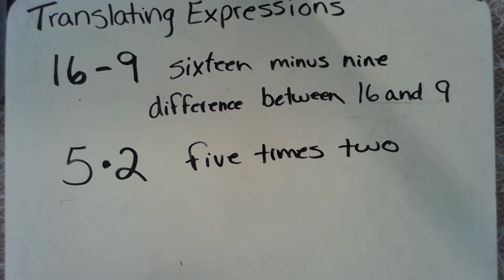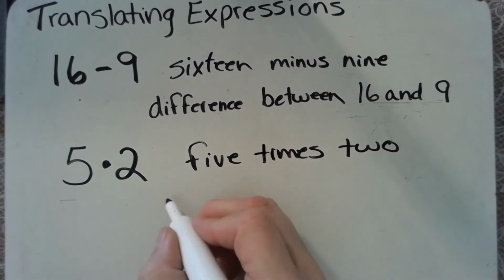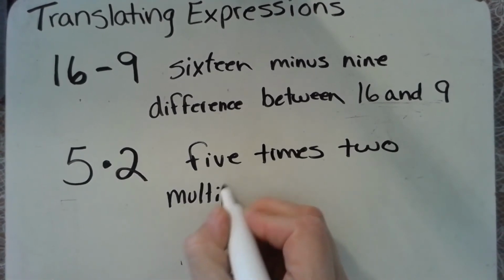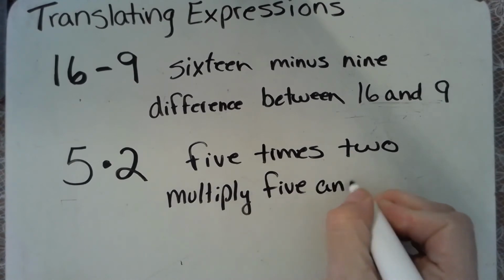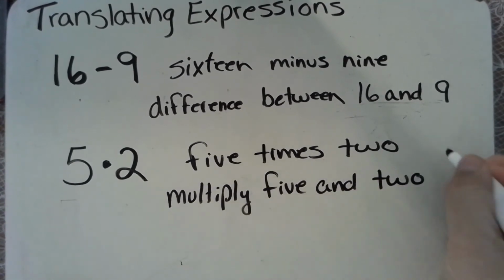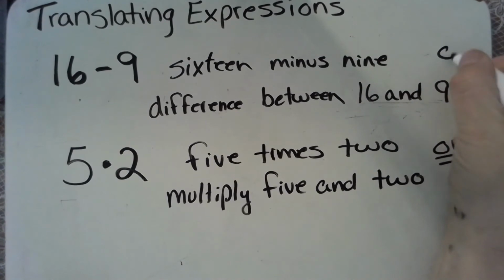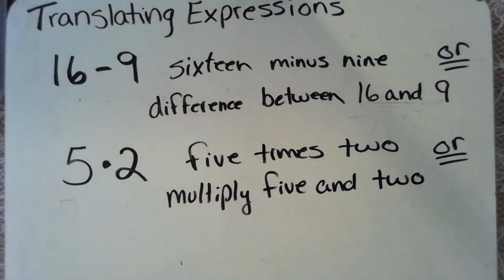And we think about other ways we could say this. We could also say multiply 5 and 2. You don't have to use both of these. You could use one or the other, but it shows you there's a couple different ways to translate expressions.